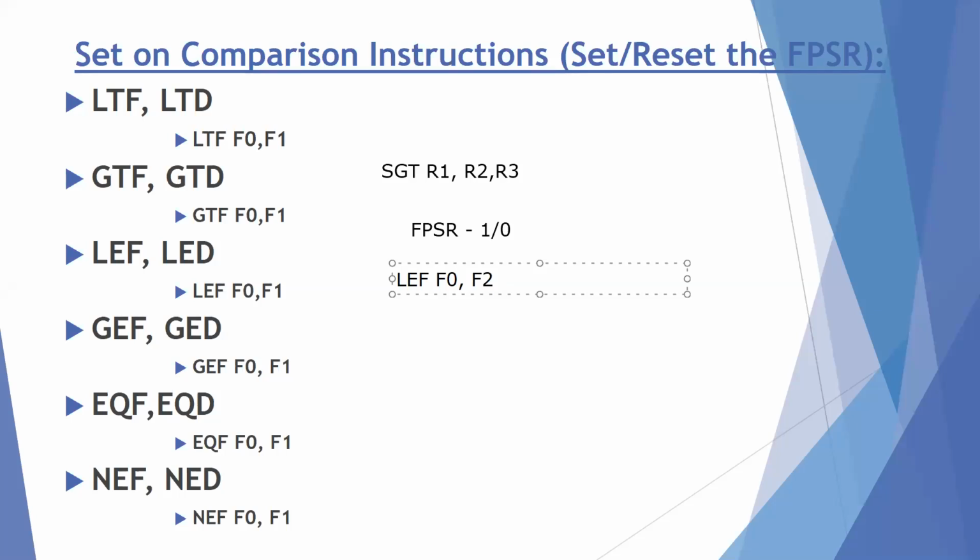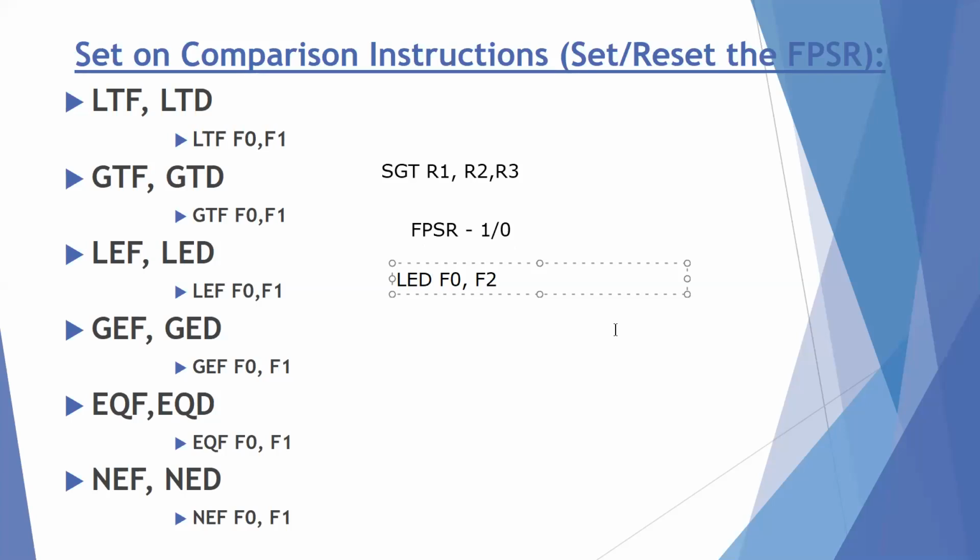Ma'am, if F0 is less than equal to F2, then it will set to 1. Very good. So either less than or equal to. In either of the two cases, FPSR will be set to 1. So they can be equal also. Or one can be less than the other one also. In either of the two cases, if any one is satisfied, the floating point status register will be set to 1. The next one is less than equal to double.